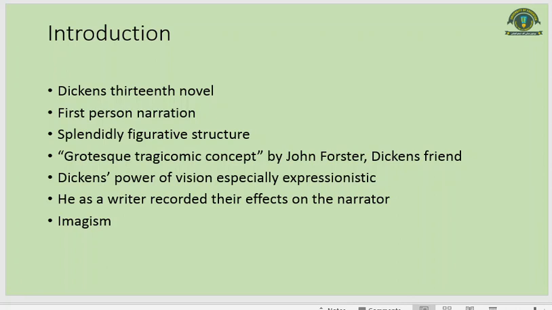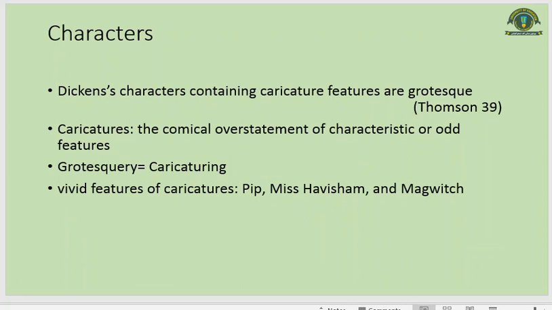You can see in the novel that the grotesque elements are separated into three parts, including characters, environment, and situation. We will learn in the next part of the lecture how characterization has been shown in the novel.